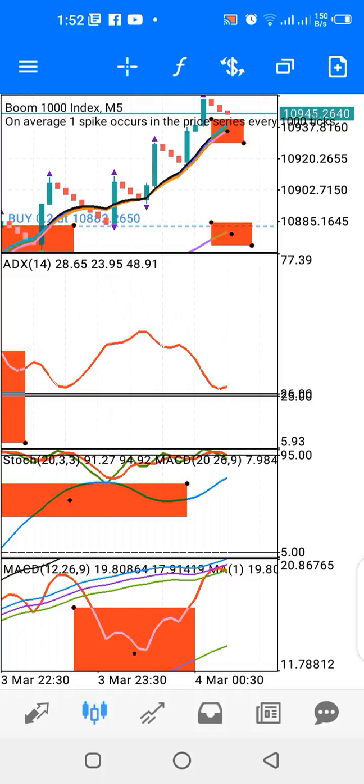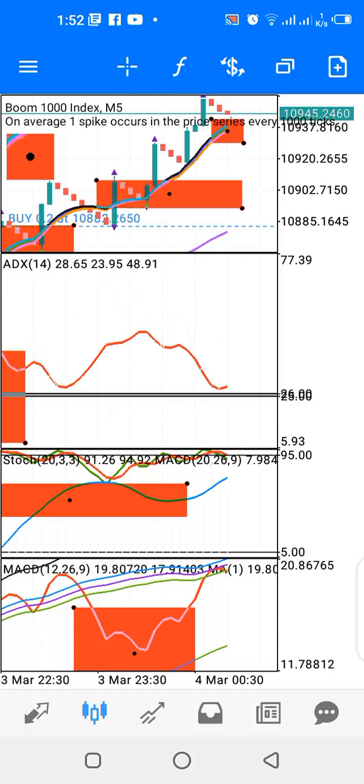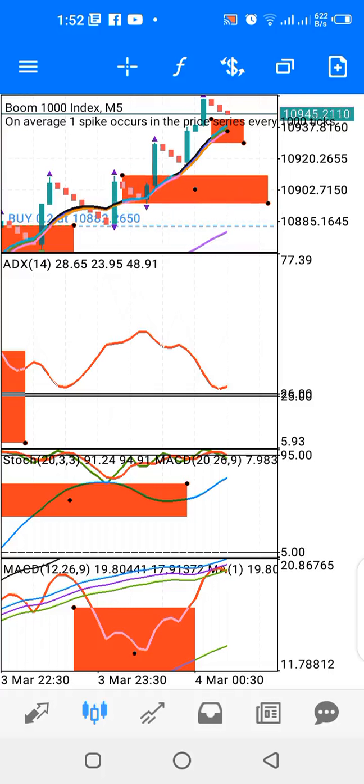All right, and if you are having a trade in profit, it's advisable you place a stop loss somewhere around here to protect your trade and your account, so that even if price hits the stop loss, you close the trade in some profit, don't be in loss.